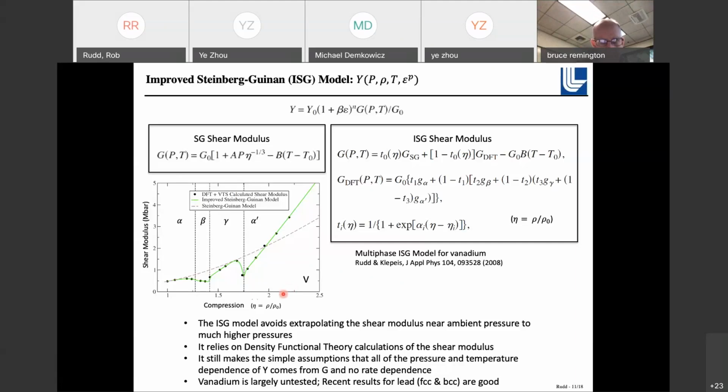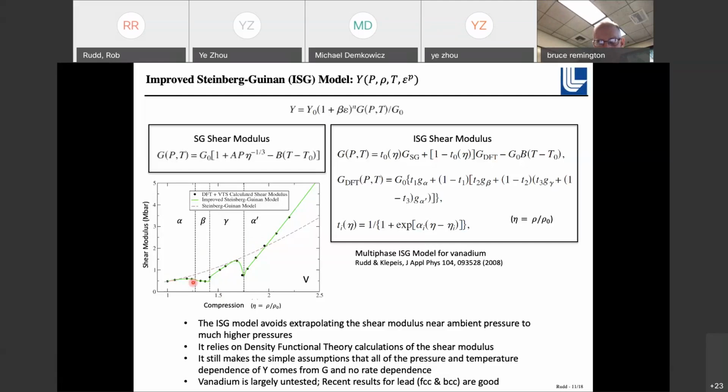So for example, looking at vanadium, it starts out in a BCC alpha phase, but then it undergoes a transformation to a rhombohedral structure and then a different rhombohedral structure before going back to BCC at higher pressures. Within each of those phases, you can calculate the shear modulus appropriate to that structure, appropriately homogenized over some polycrystalline structure.